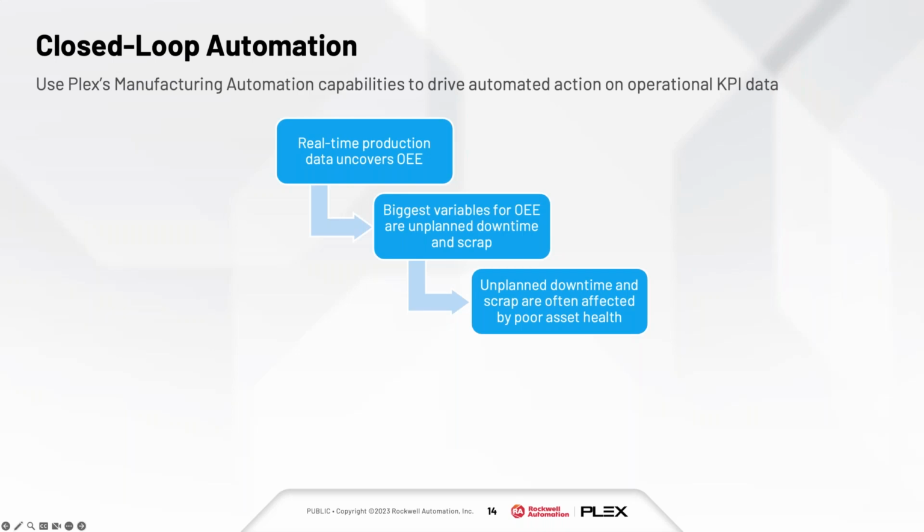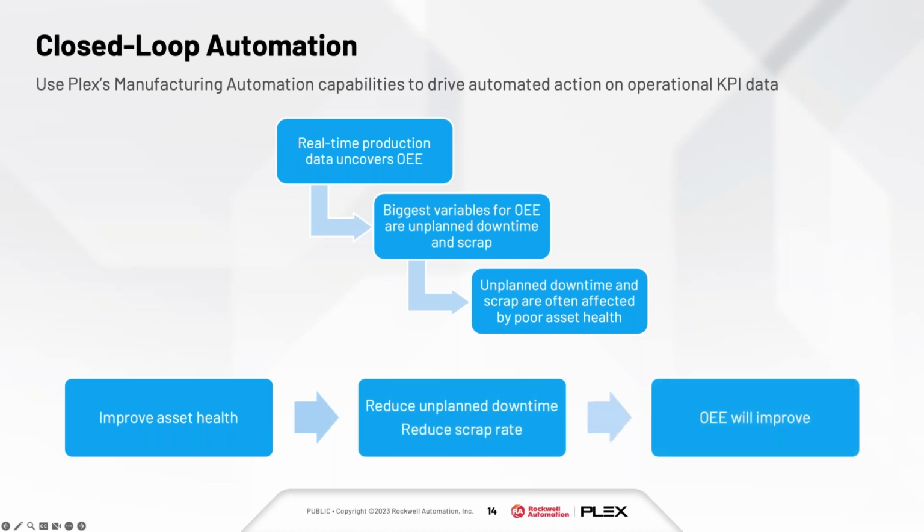If your machines are not working properly, you're going to experience either high levels of unplanned downtime or scrap or both in many cases. So coming a bit full cycle here, if we improve asset health, we can reduce the risk of unplanned downtime, potentially lowering our scrap rates, and as a result, improve our OEE.